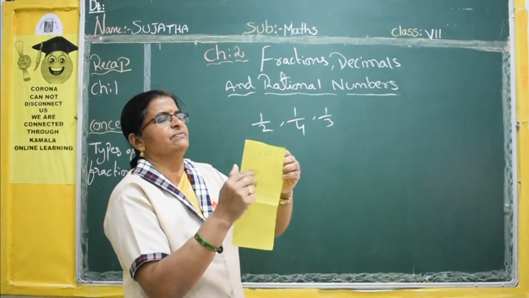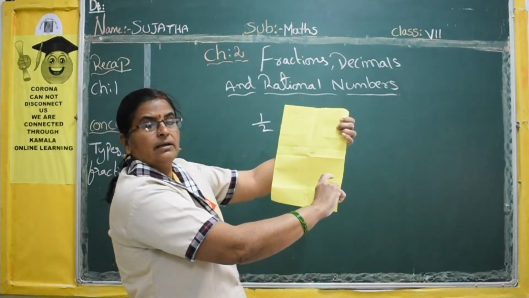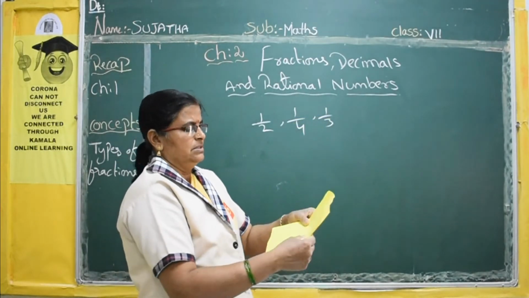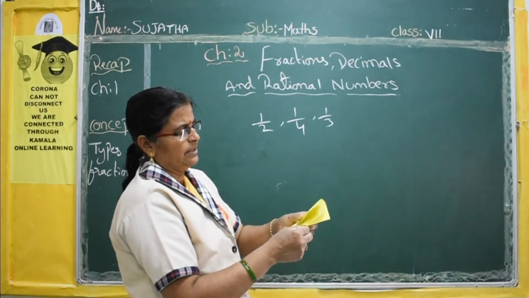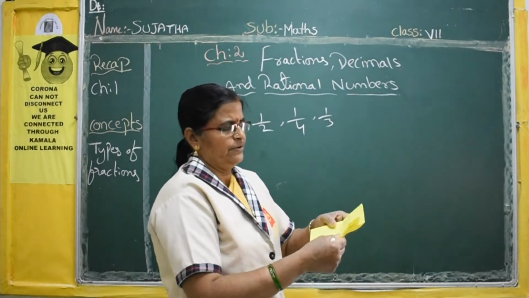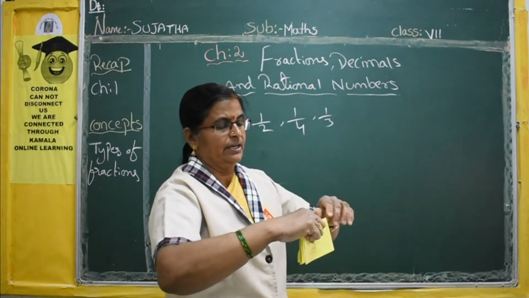If I open this one, see, you get 4 parts, no? Here 1, here 1, here 1, here 1. 4 by 4 parts. Now we got the 1 by 4th part. If I fold this 1 by 4th part again like this, then which part will you get now?